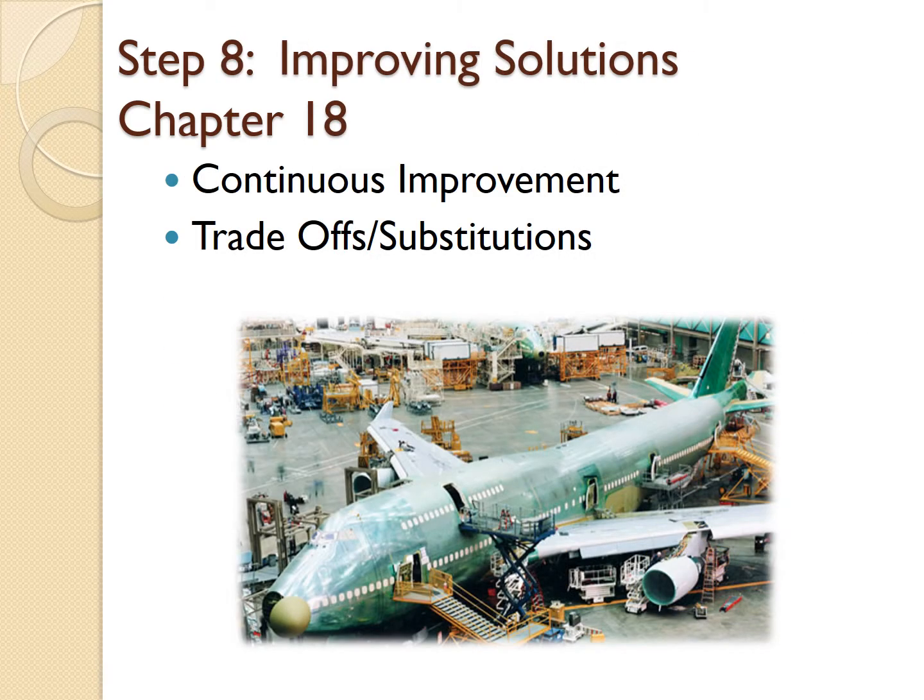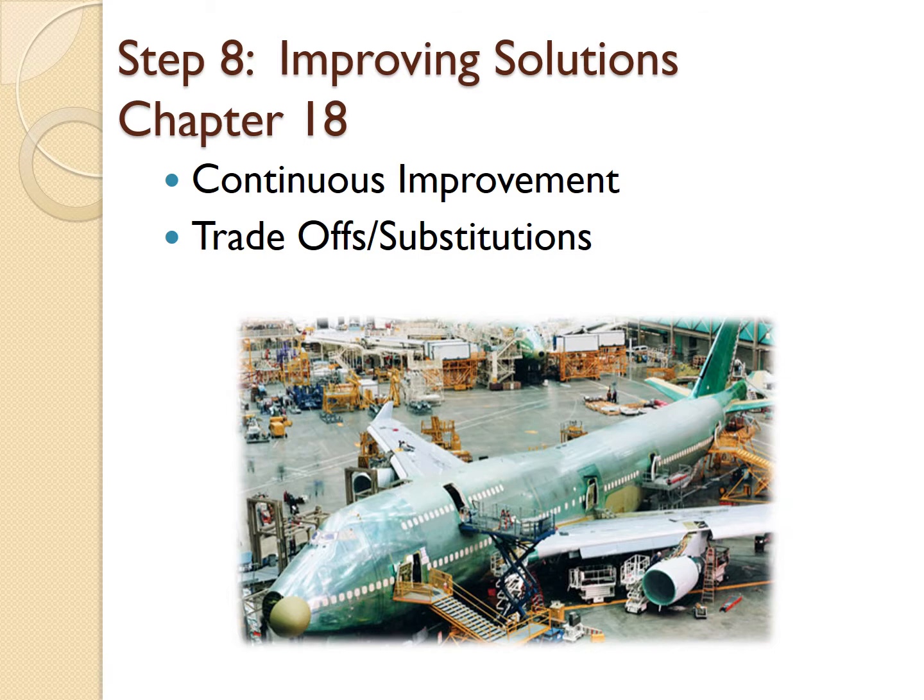And then the last step is step number 8, improving your solutions. Once you have developed your solution, you've tested your solution, and you've communicated your results, now comes improving your solution, and this is in chapter 18.